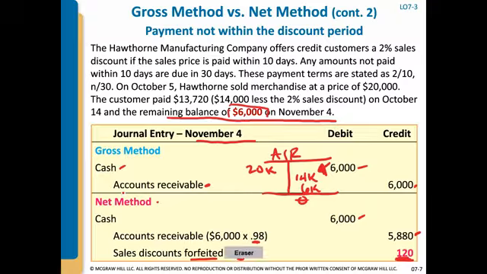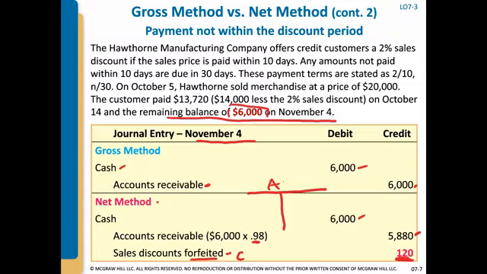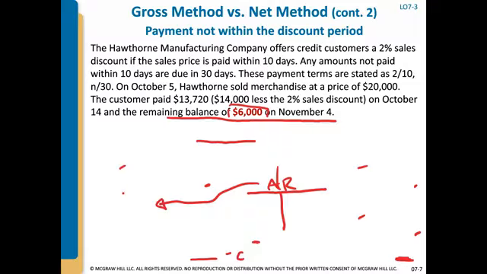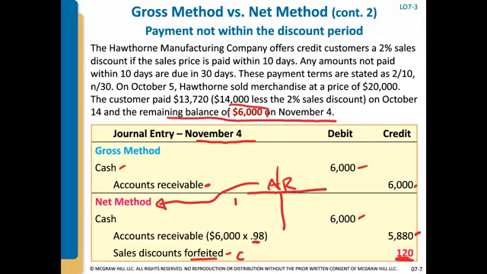Let me erase this really quickly up here just so I have more room. But let me go over the accounts receivable for the net amount. Let's just follow that through. Initially, when we booked the accounts receivable for the net method, we booked it at 19,600 because that included the 2% discount.